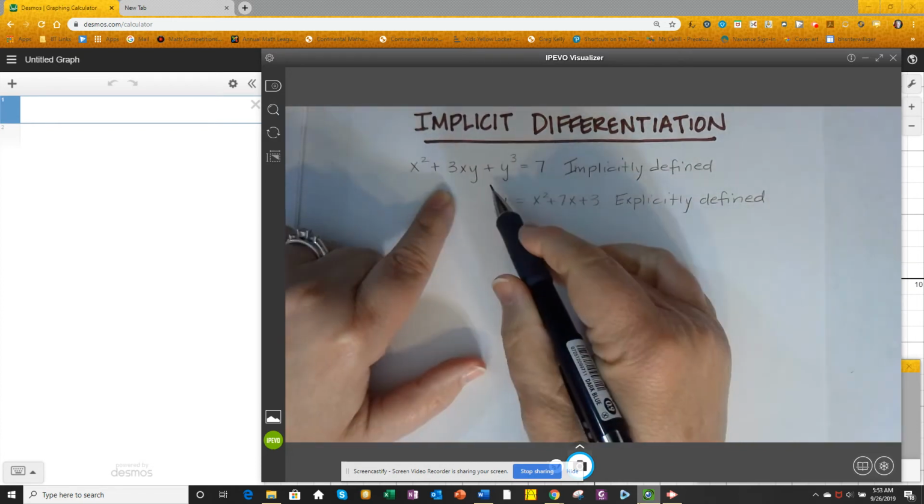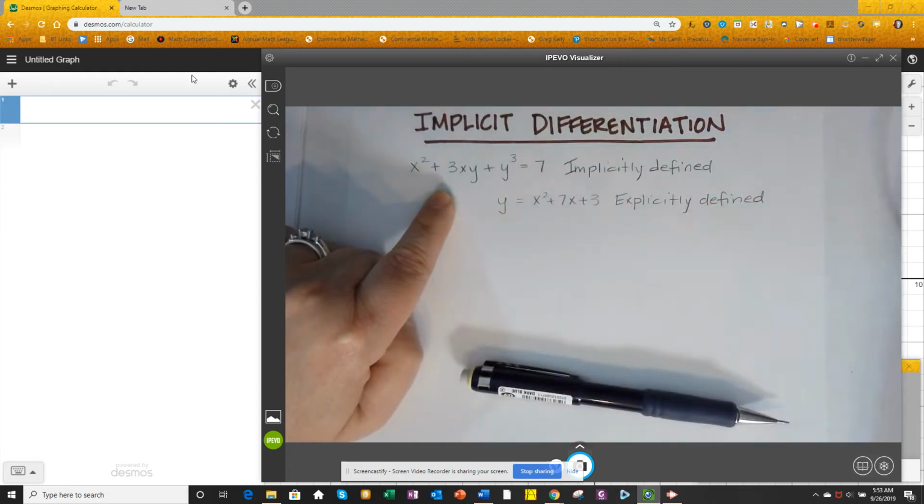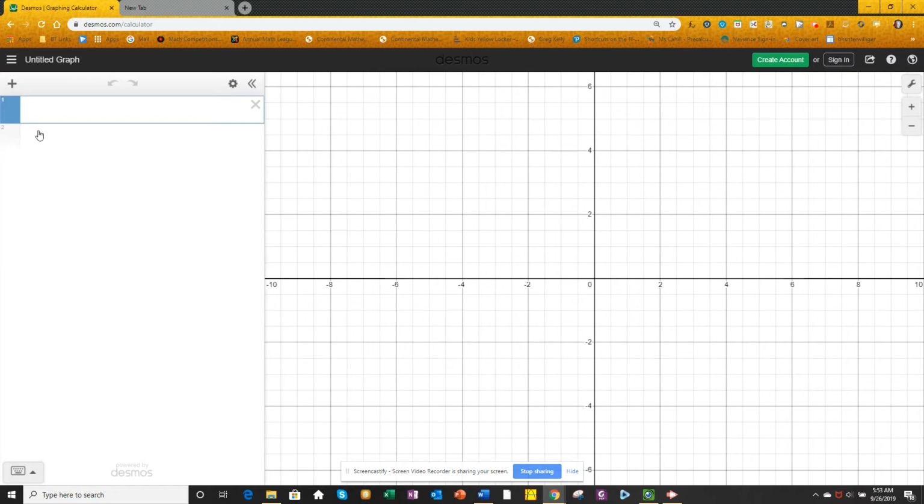Okay, but if we were to look at this curve, if I go to my Desmos here, y equals x to the second plus 3xy plus y to the third equals 7. Oops, I can't type this morning.